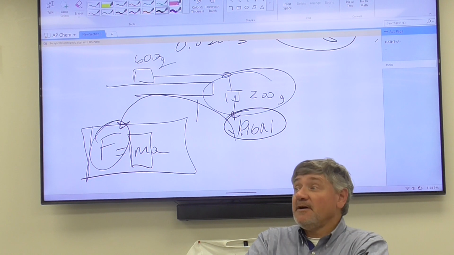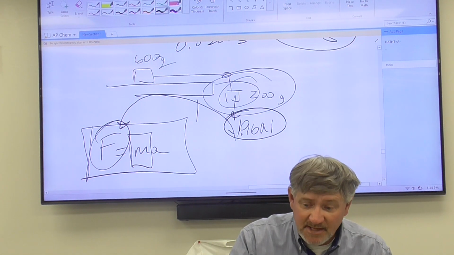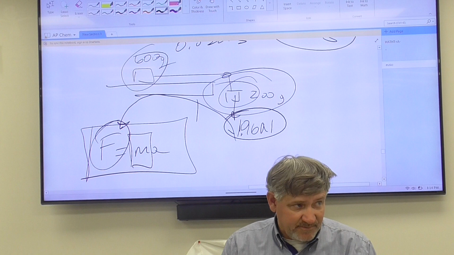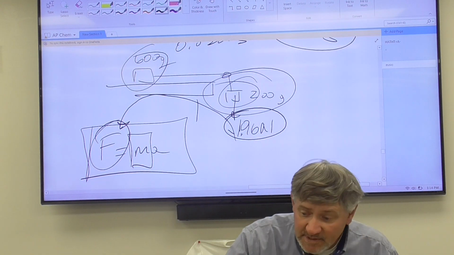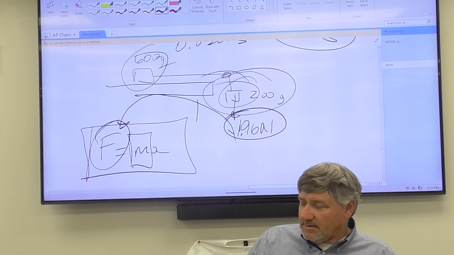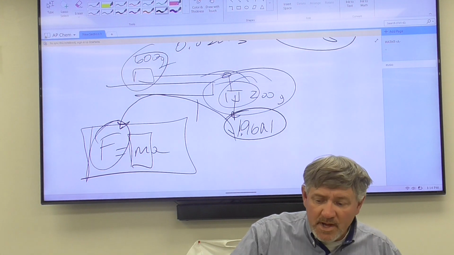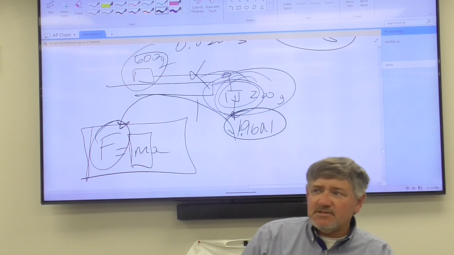Yes, okay? It isn't just the 200 gram that's moving. It isn't just the 600 gram that's moving. Everything wants to remain at rest. We just happen to have a string attaching the two systems together. So the only way you would ever use just the 200 gram mass is if you just cut the string.